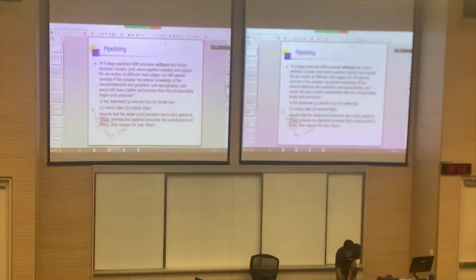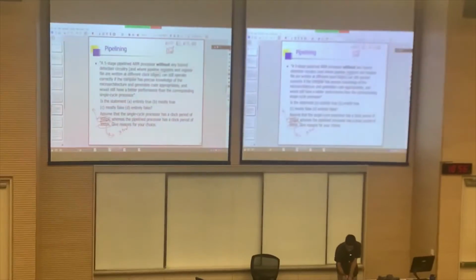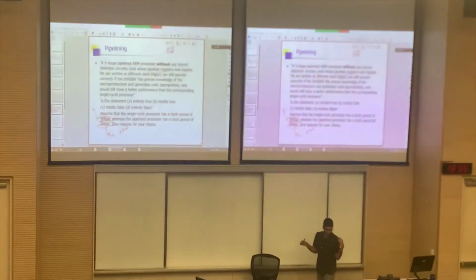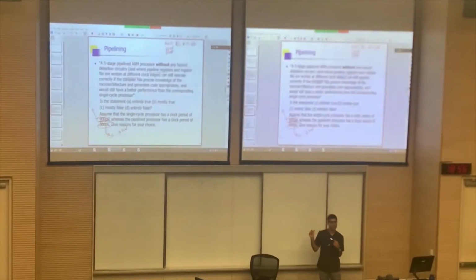So let's say you have R1, R2, R3, NOP, and then the next instruction can make use of R1 now, because in the case where pipeline registers and register file are written in different phases, the spacing that we need is 2 instructions.